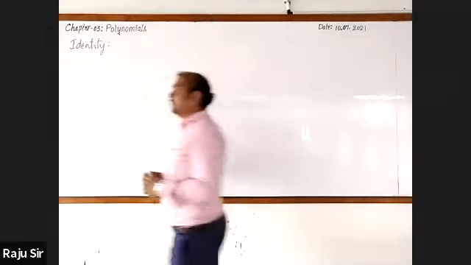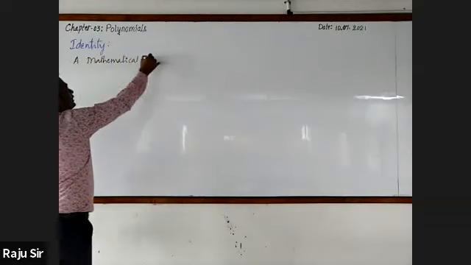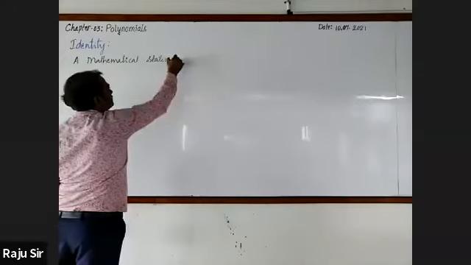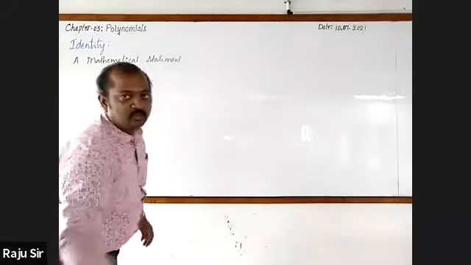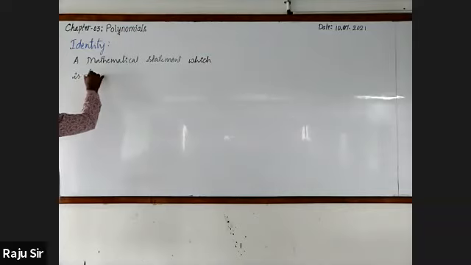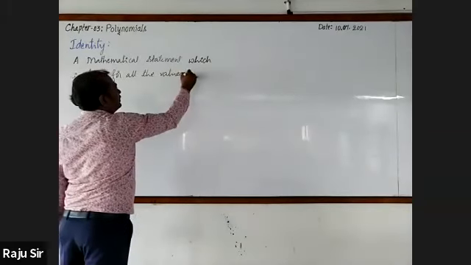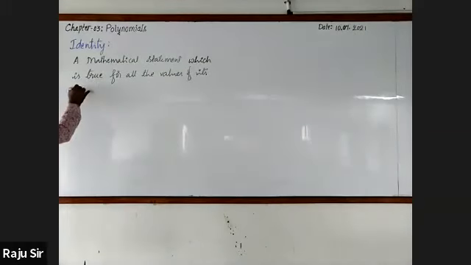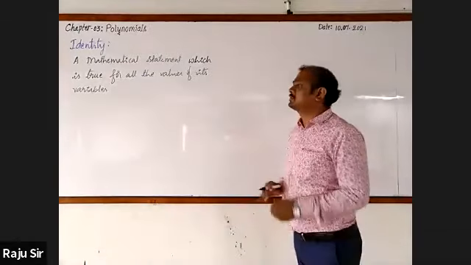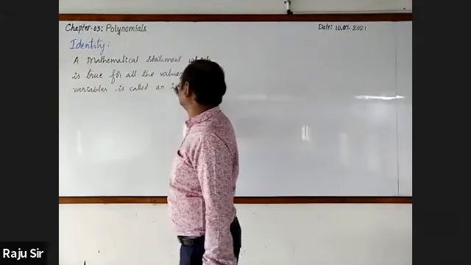Right. Definition of identity: a mathematical statement which is true for all the values of its variables is called an identity.